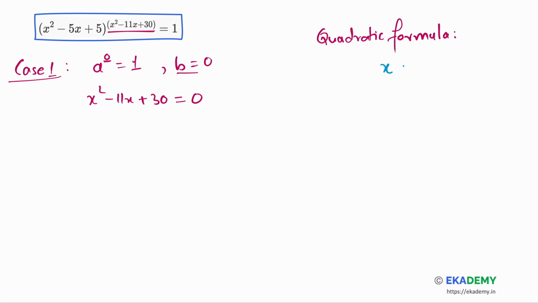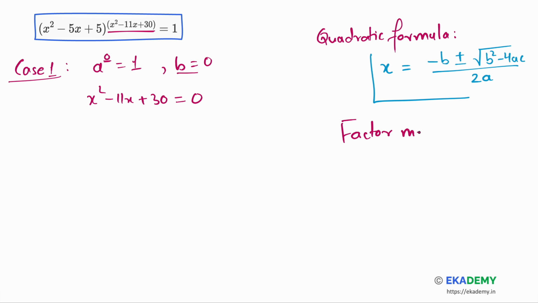The possible values or the solutions of this are given by this formula: minus b plus minus square root of b square minus 4AC, over 2A, right. Or there is another way of solving this, and that is called the factor method or factorization method. I am going to use this method. You can use either of these methods.